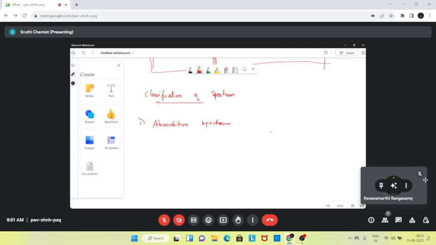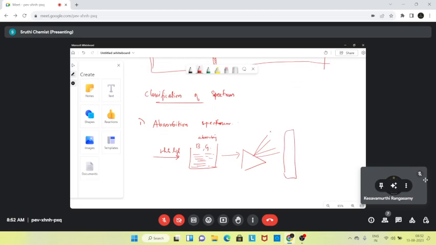For example, let's take white light. Here I am passing the white light through one solution. Let's take that this solution absorbs blue color and then green color. You know the pattern VIBGYOR. Only the blue and green are absorbed by the solution. Now the remaining colors pass into the prism and are recorded on a photographic plate.